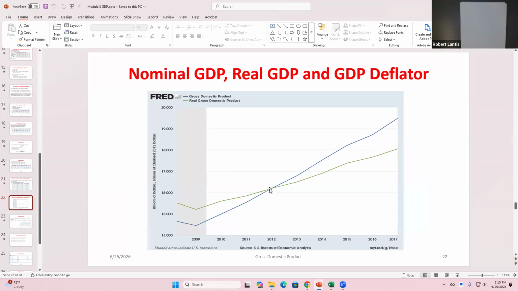So if we were to graph this out, we can see in 2012 that this is my base year, because real and nominal GDP are the same. Every year past that, because we have inflation, nominal GDP is greater than real GDP. And if we go backwards in time, real GDP ends up being greater than our nominal GDP. Any questions on that before we keep moving here?